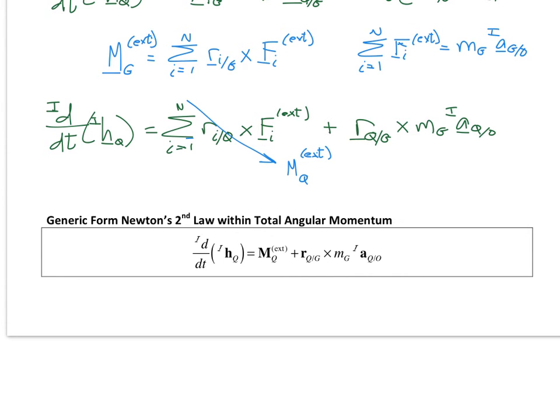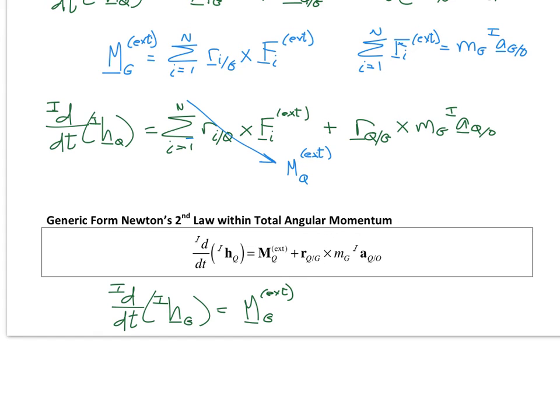Now, separate from this, using the separation of angular momentum, we developed that elegant expression in which the time derivative of the angular momentum about the center of mass is equal to the moment about the center of mass due to external forces. Although we developed this expression independently of this generic form of the total angular momentum about point Q, if we choose point Q to be G, then the time derivative of the angular momentum about point G is equal to the moment about G due to external forces, so the moment about the center of mass.